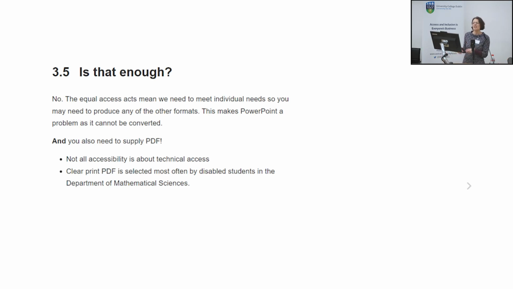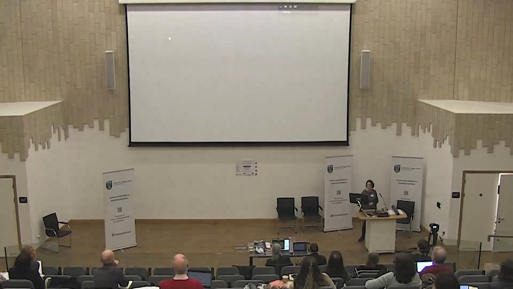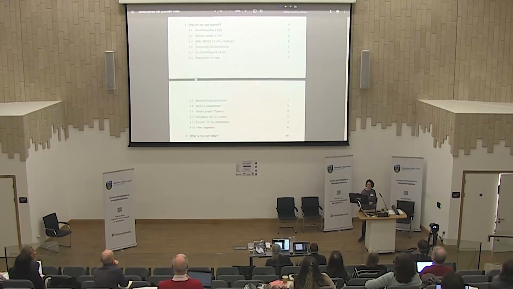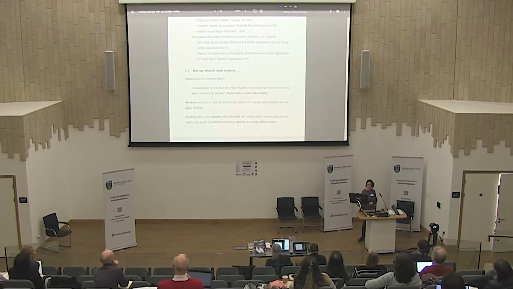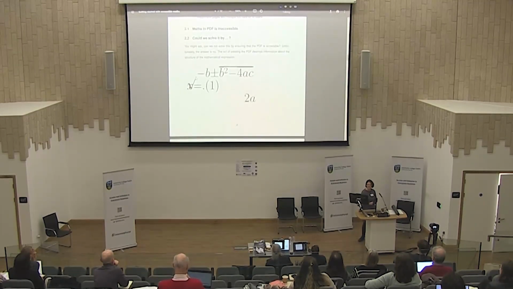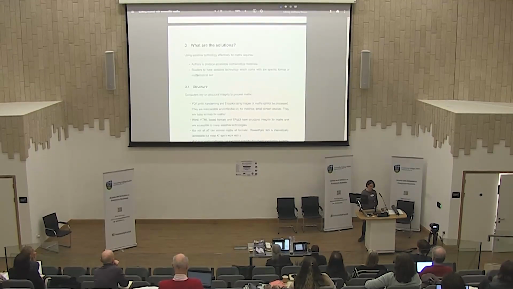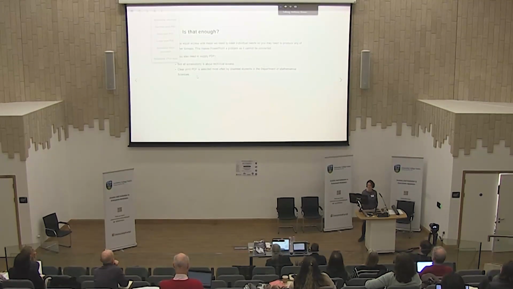And in fact, the majority of disabled students in our maths department pick ClearPrint PDF. What do I mean by ClearPrint? I mean something that looks a bit like this. It's still technically inaccessible, but it's what most of the students who would be considered to be covered under these laws will select at the moment.